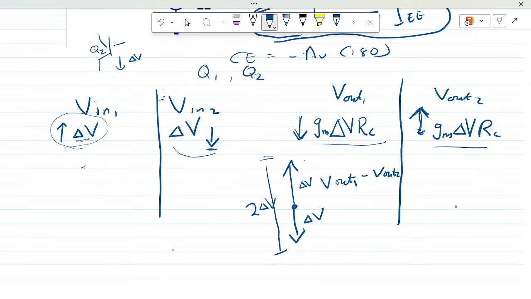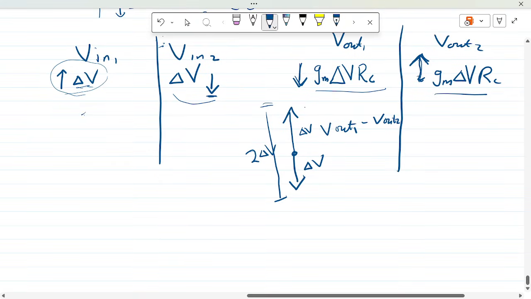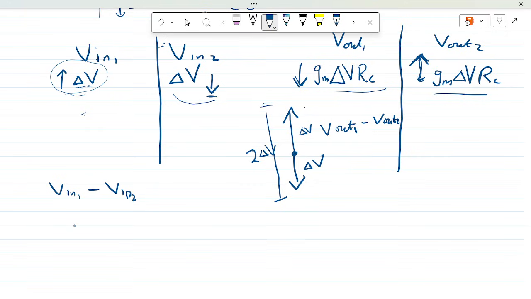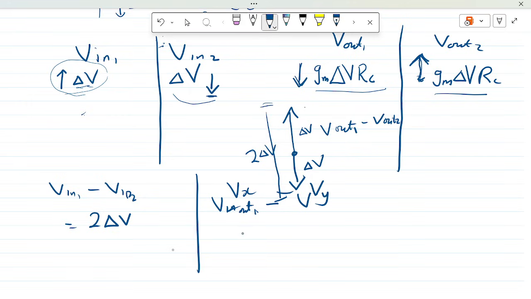So I can conclude that Vin1 minus Vin2 is equal to 2 delta V, and also Vout1 minus Vout2, previously we called this Vx minus Vy, that's also fine, would be 2 gm delta V RC.